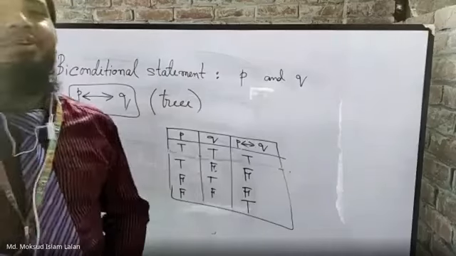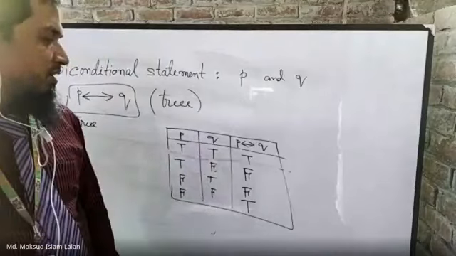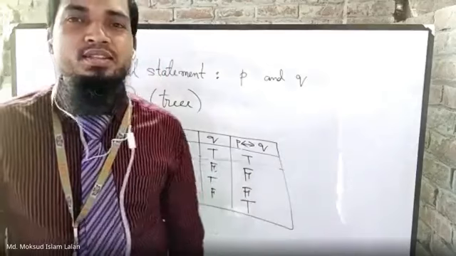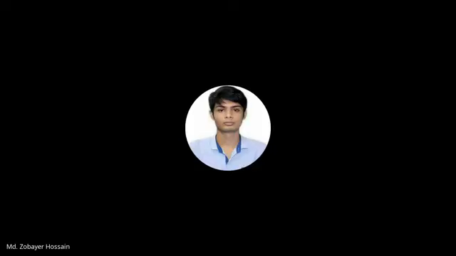Would someone please help us? How many propositions have we learned, and can we summarize this shortly? Jobair, can you summarize this? Sir, we learned five propositions from first to last. The first one is conjunction: when both are true, then it will be true, and when both are false, then it will be false.